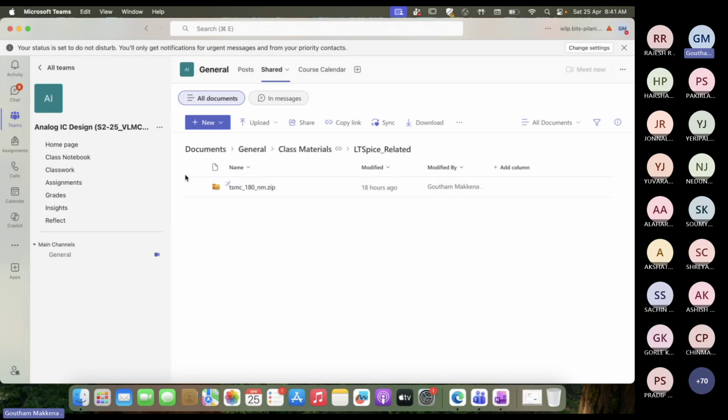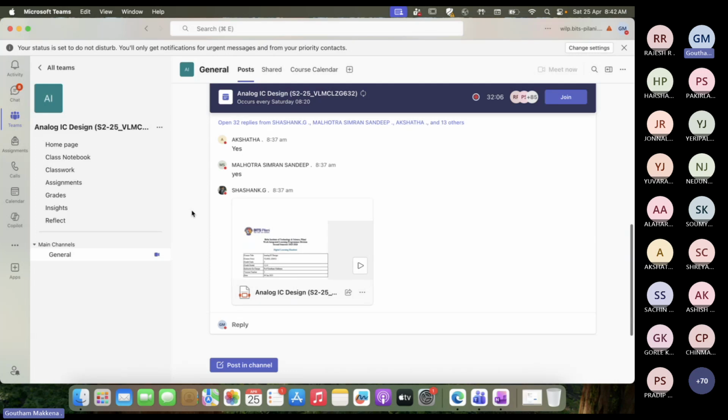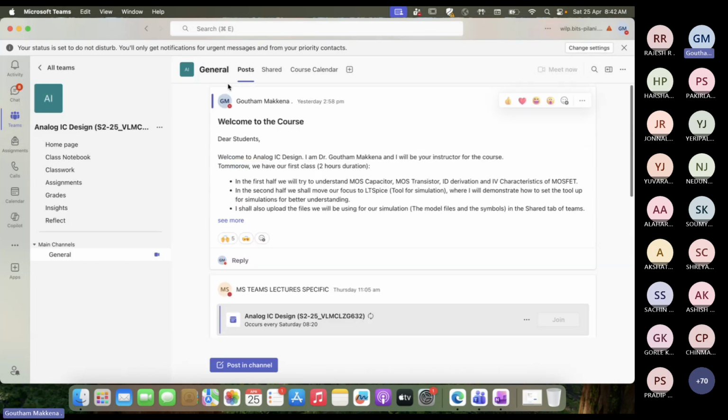And this is the first and preferred way of communication. In posts, I'll be disseminating information in the form of posts in Microsoft Teams. If you want to ping me, you can ping me on Teams in the personal window.